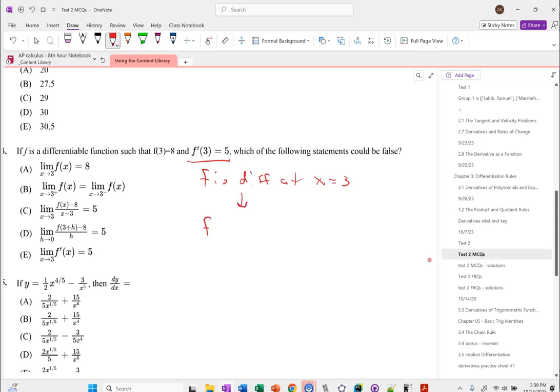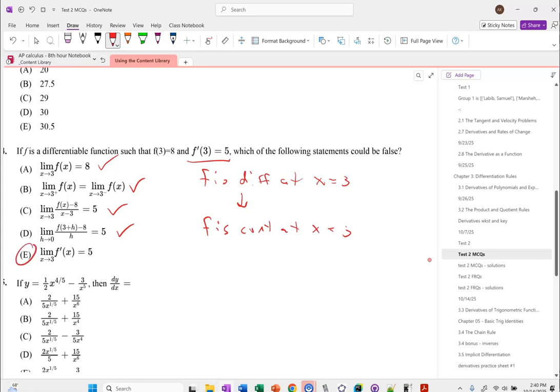That tells me that f is continuous at x equals 3, right? So that's continuity. This is differentiability.